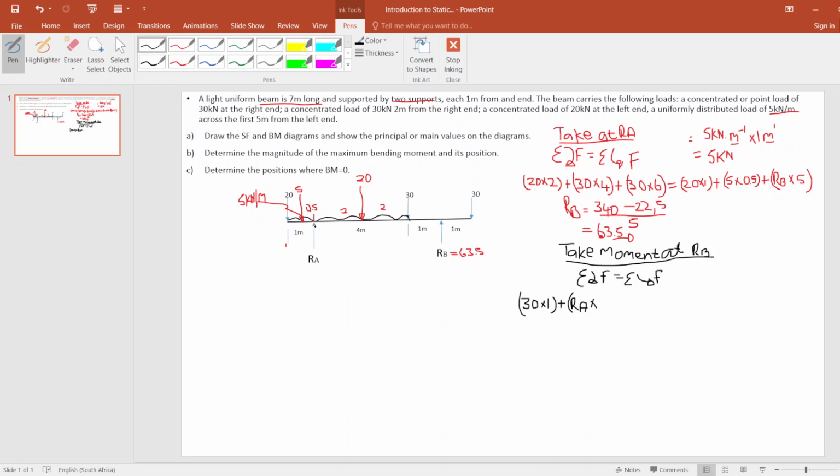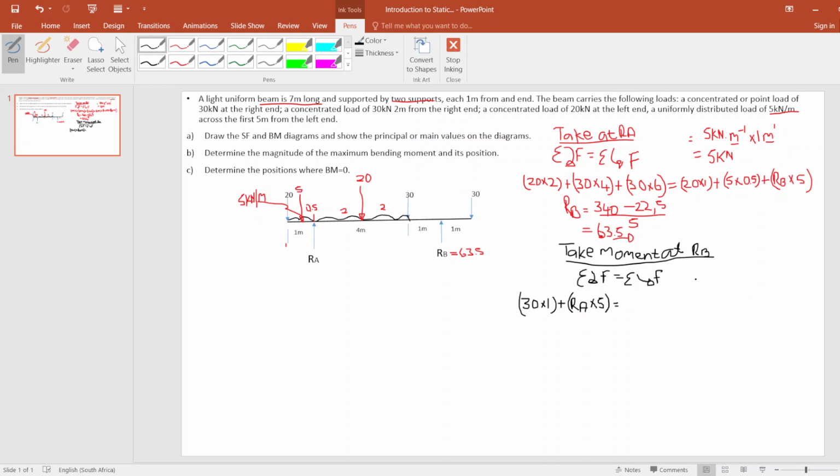You can tell from here to there, it is 5. Now, we got 5 as well when we took moment at RA. We got 5 and we are getting 5 as well in calculating RA. That gives me confidence that my beam is balanced.